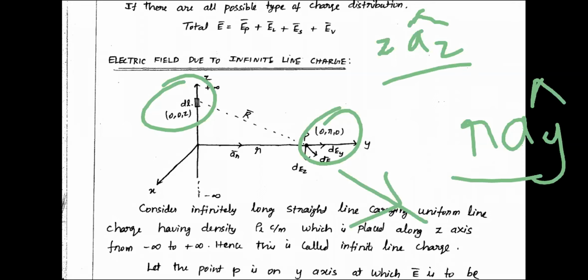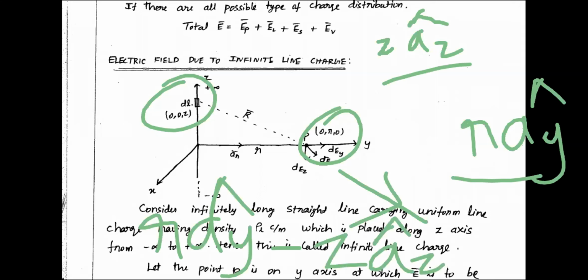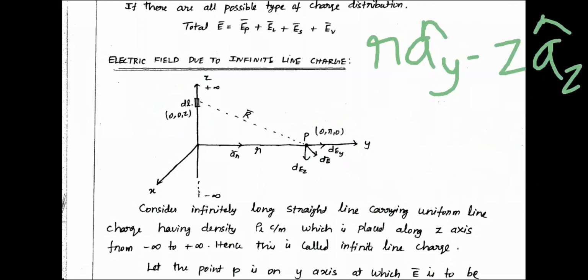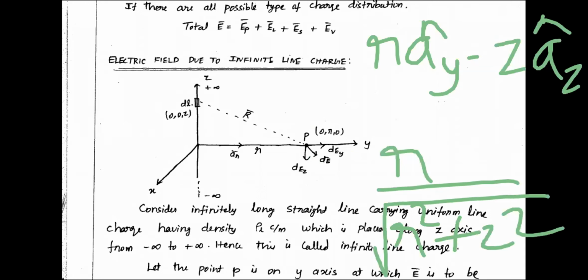Finally, your vector direction is going in this way, so this minus this. What is my vector value? R a y cap minus z a z cap. This is your vector direction, and it will give you some magnitude. That's why, from this vector, you have to calculate the unit vector. I have identified my direction is r a y cap minus z a z cap. Once you take the magnitude, square root of r square plus z square, you can divide the vector by it.